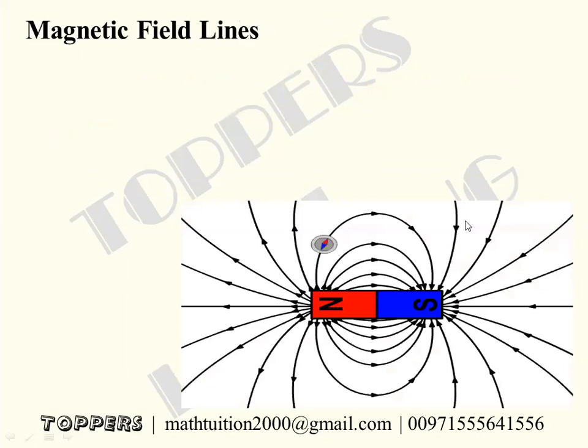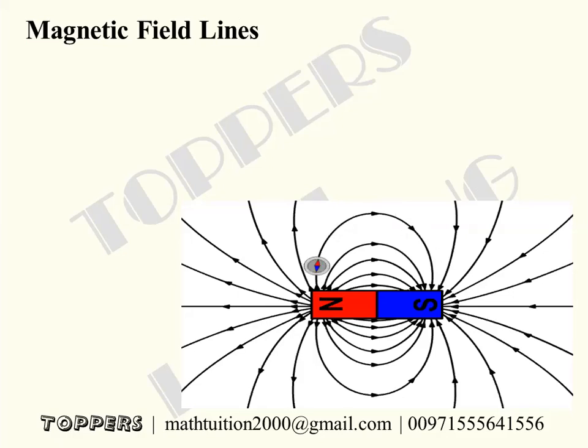Okay. Now magnetic field lines. Magnetic field and magnetic field lines are two different terms. What is the magnetic field? Space around the magnet where the properties of magnet, attraction or repulsion, are taking place.